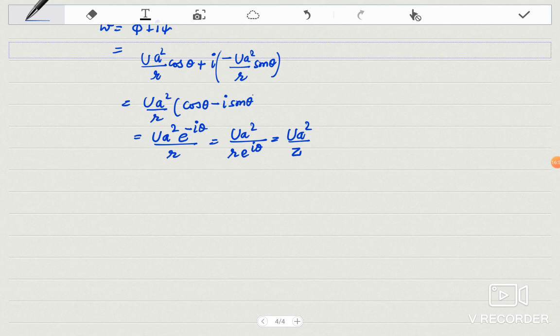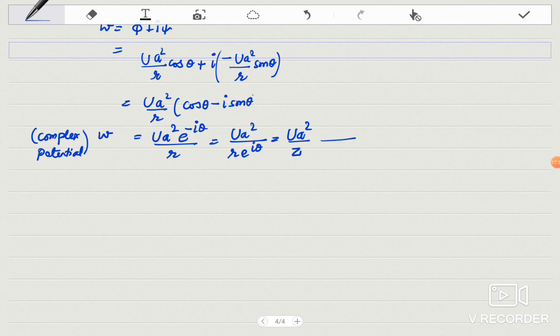So this is the way in which you can find your W, the complex potential. You have learned about it in sources, sinks and doublets, how we find phi, how we find psi, and then how we create our W.